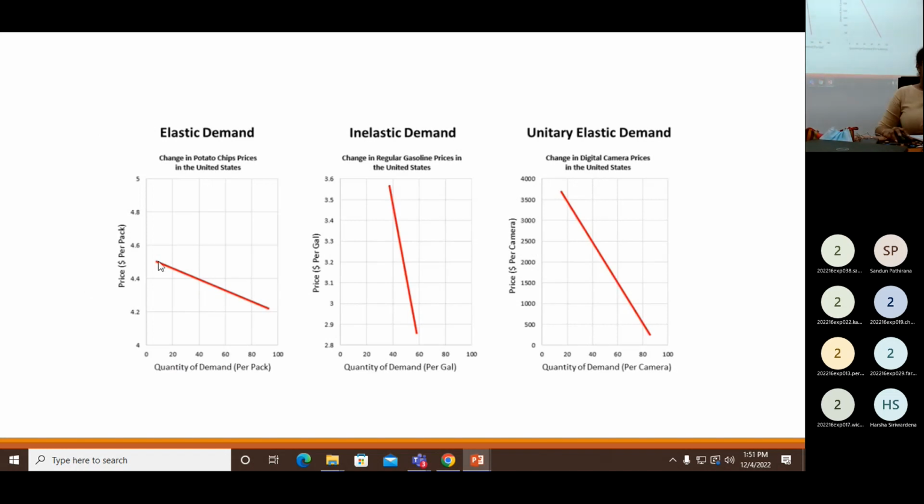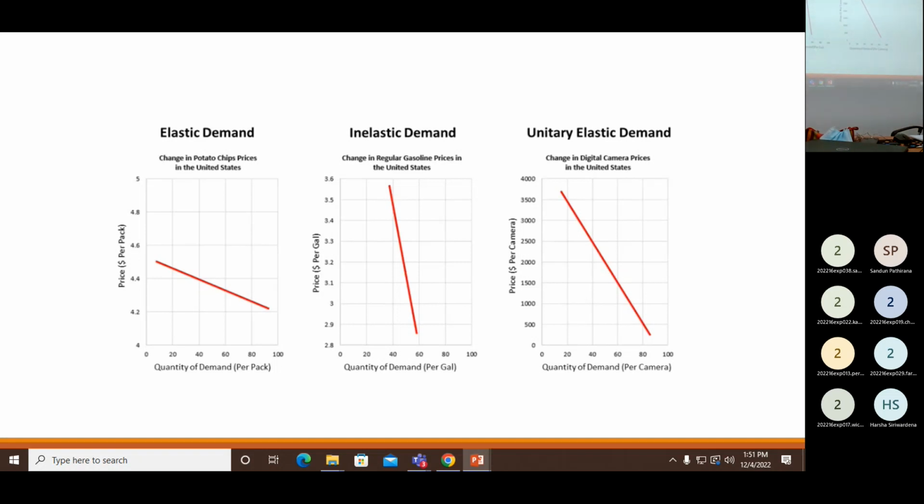These are the curves. Elastic demand means very elastic. Even for a small drop or increase in price, quantity demanded responds largely. On this axis you can see price in dollars per pack, and this is quantity demanded. The example they have taken here is potato chips. Even for a small change in price, let's say the price changes from this to this, a very slight change, quantity demanded changes largely.